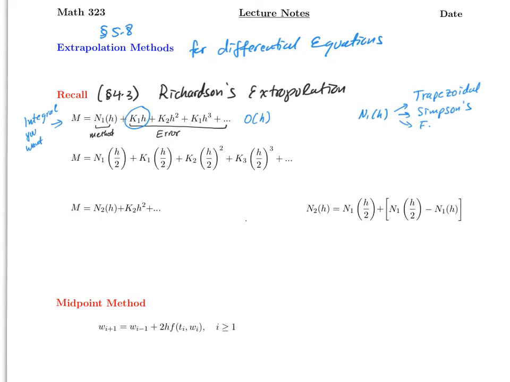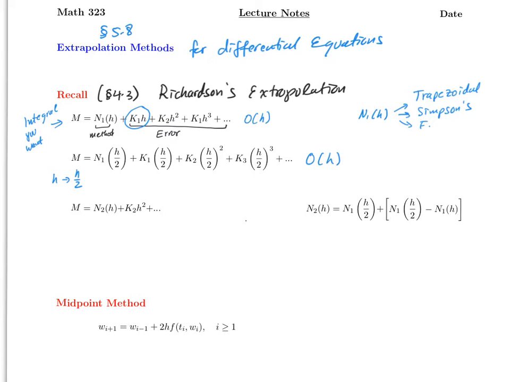Remember that the technique requires you to do the following. This is the original method. Then in the same method, h is replaced by h over 2, which will give you this. This one still has order big O(h).